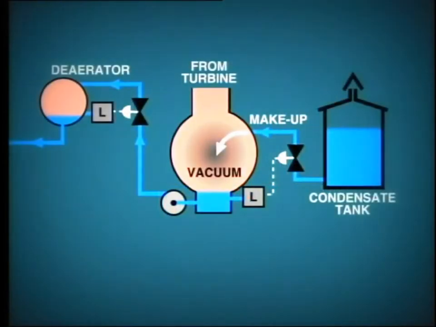Consequently, the boiler water level control system draws more water from the de-aerator. This in turn causes the de-aerator control valve to open up and so draw more water from the hot well. As the level in the hot well falls, more water is drawn from the condensate tank.